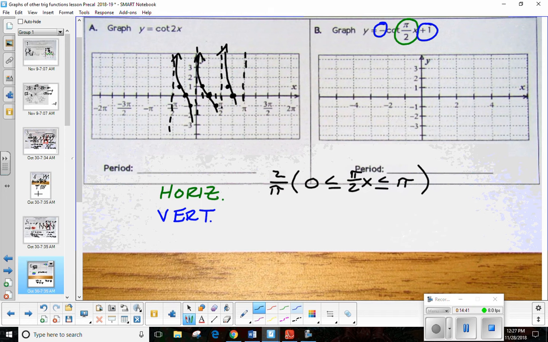Yeah, if you want to take an extra step, there's nothing wrong with that. But now we'll distribute. What's 2 over pi times 0? 0. Less than or equal to 2 pi divided by 2 pi, well, that's just the 1x. Now I'm going to have 2 pi over pi. So that would just be what? 2.